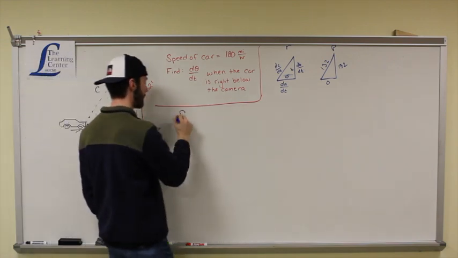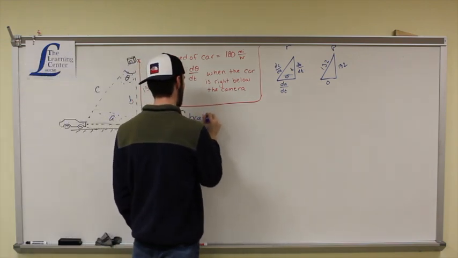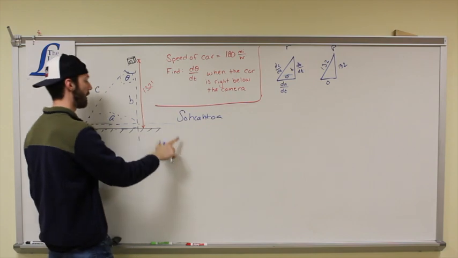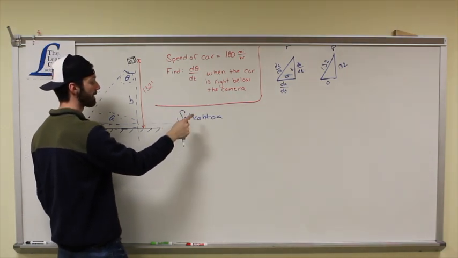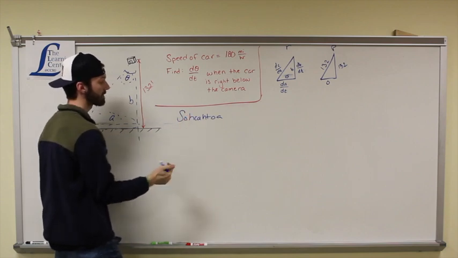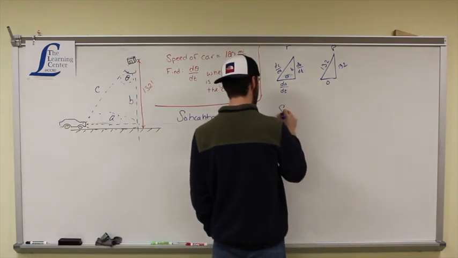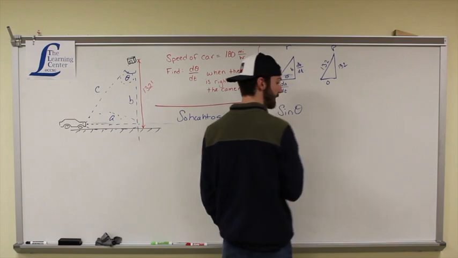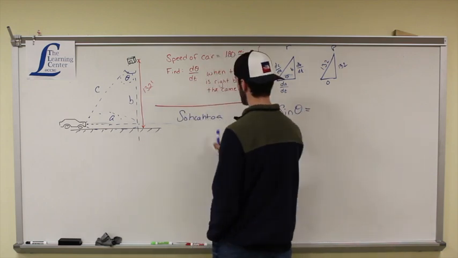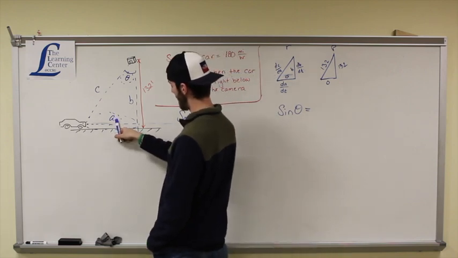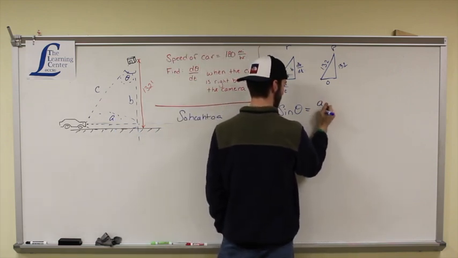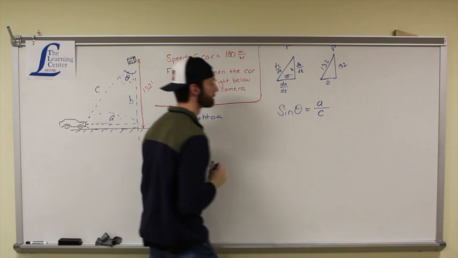Well, I look at SOHCAHTOA, and I say, to relate an opposite leg, I need the sine, an angle, and a hypotenuse. So I'm going to say that sine of some angle theta is equal to the opposite divided by the hypotenuse. The opposite is A, and the hypotenuse is C.